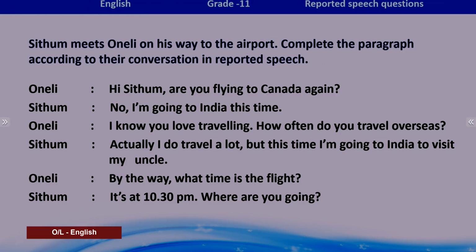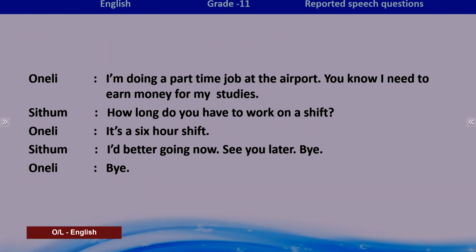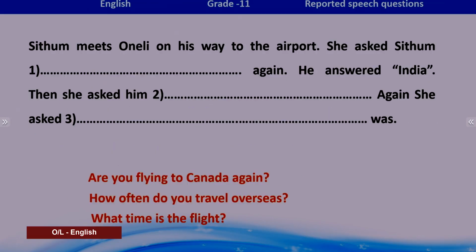So, the other part of the dialogue is here between Oneli and Situm. And my dear children, this is the activity you have to do. You have to read the conversation again and try to fill in those gaps using reported speech. I know it is very difficult to remember the whole dialogue. So, I have divided it into two parts to make it clear.